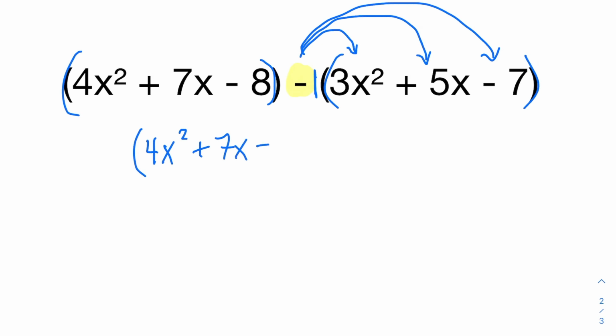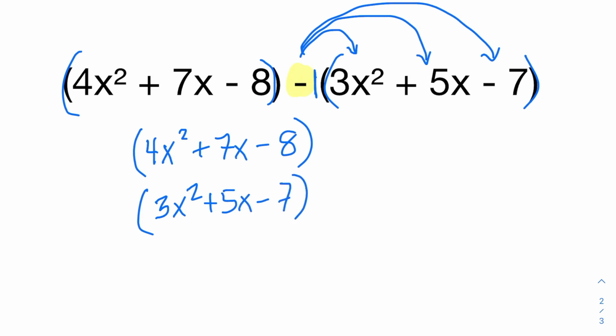Or sorry, if we look at this vertically, I think I said horizontal, but we have our initial polynomials, the 3x squared plus 5x minus 7. But here we have a negative in front. We're subtracting. So when we go to rewrite these, we have to make sure that for the polynomial on top, we don't have to worry because it's positive.